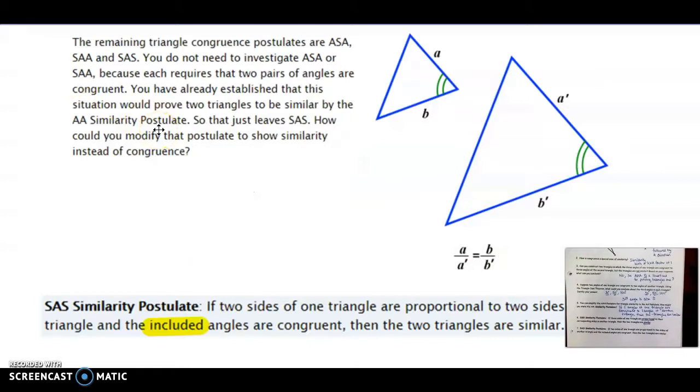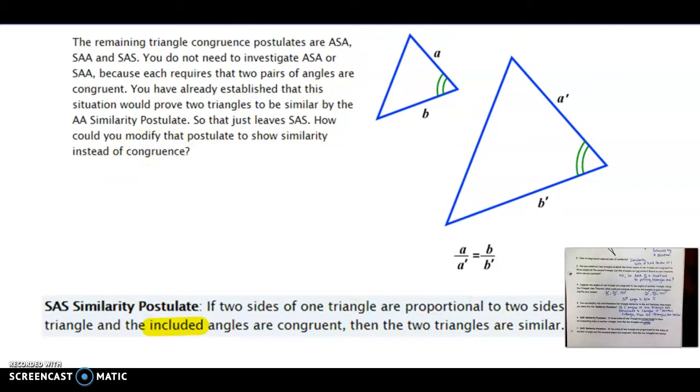Another shortcut that we have is also similarly named to one we have for congruence, and it's SAS. Now remember, for congruence, SAS meant two sides are congruent to two sides of another triangle, and their included angle is congruent.